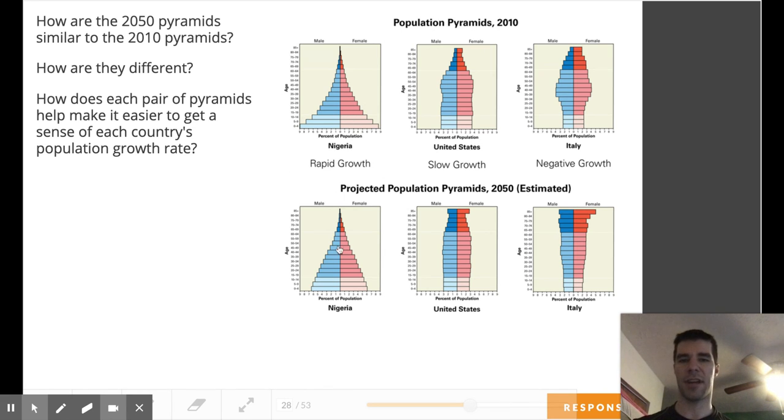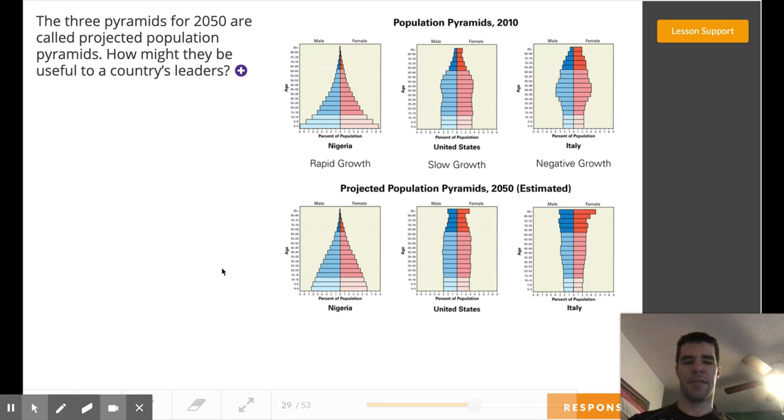So for Nigeria, it's just right below, and then we have the U.S. and Italy. They obviously change in appearance. The Nigeria one, the lower cohorts aren't necessarily as big as they are for the 2010. The United States, everything kind of moves upward in a way. And then the same for Italy as well.